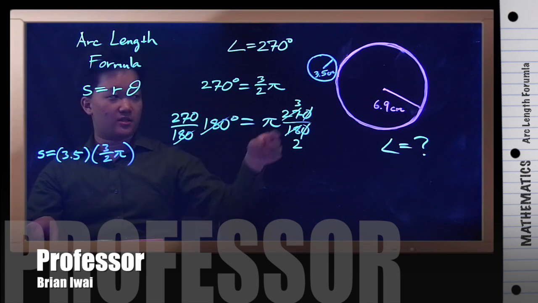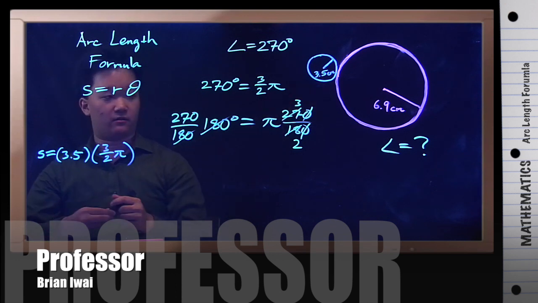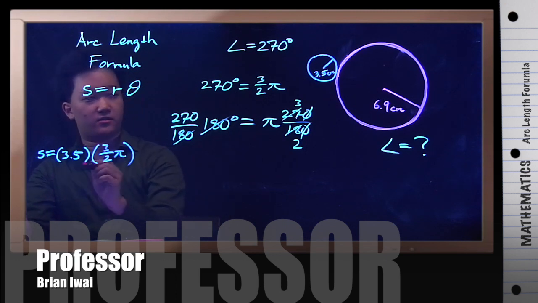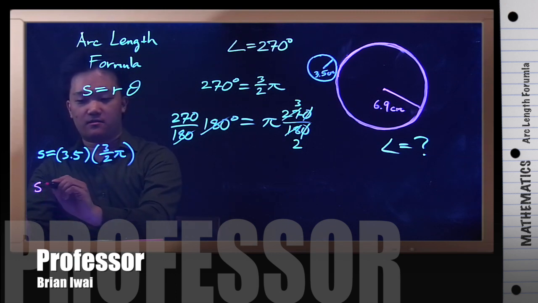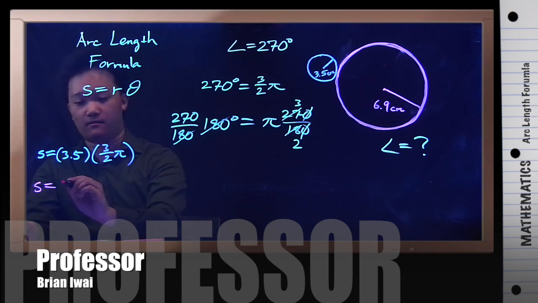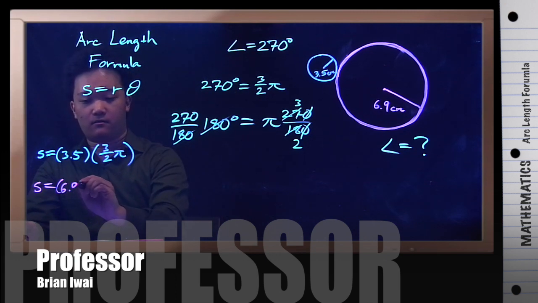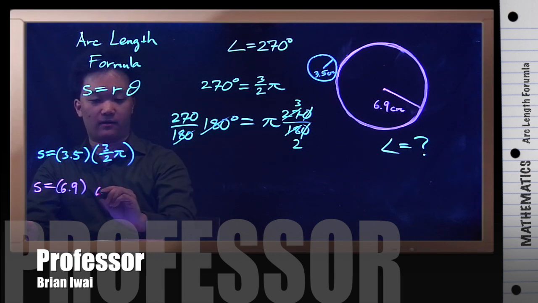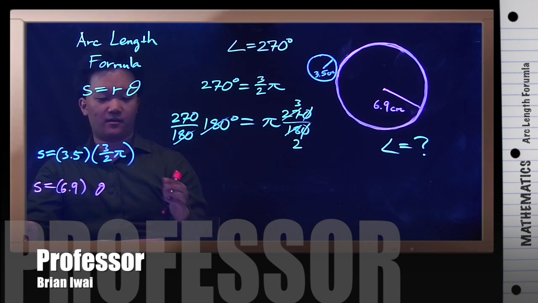Now we can do the same for the bigger gear, so I'll use the same color marker to represent the big one. S is equal to the radius 6.9 times theta. Again, the angle is going to be different. It's going to be less than 270, but we don't know what it is, so I'm just going to write theta. The angles are different, but the distance is the same. Set them equal to each other.